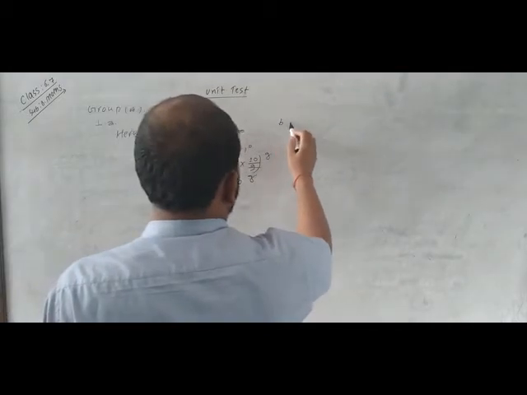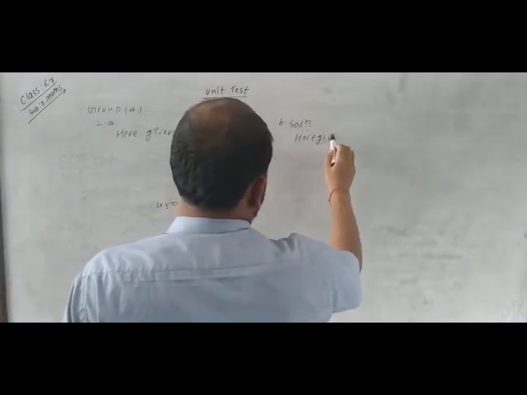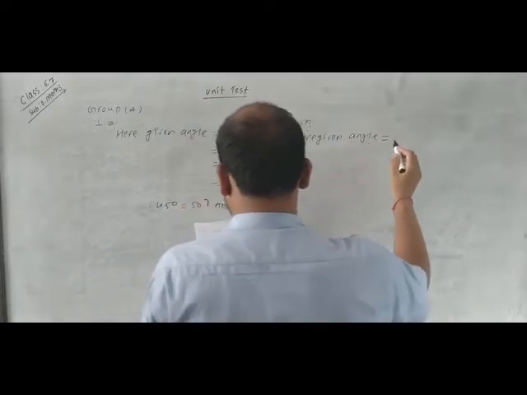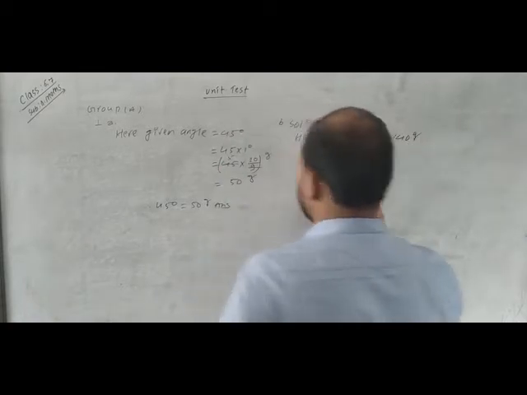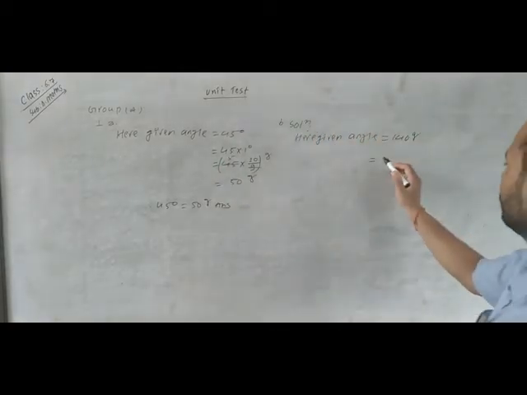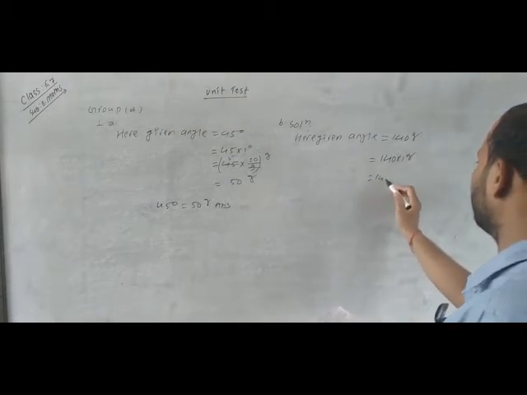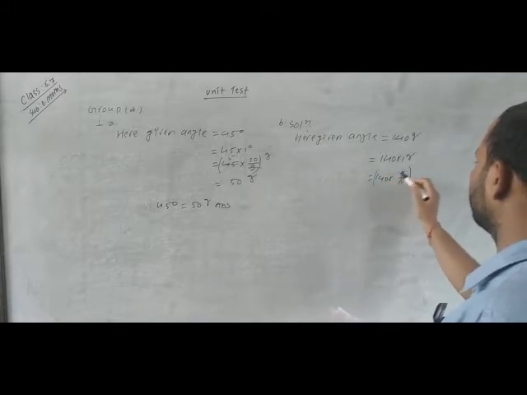B number, here the given angle is 140 grade. Your question says convert into degree. You know, 140 into 1 grade, so 140 into 9 by 10, then it is in degree.